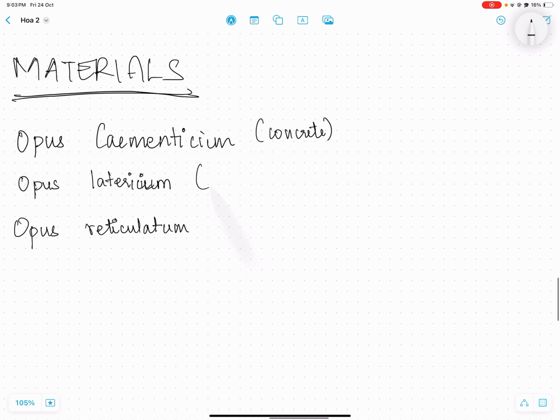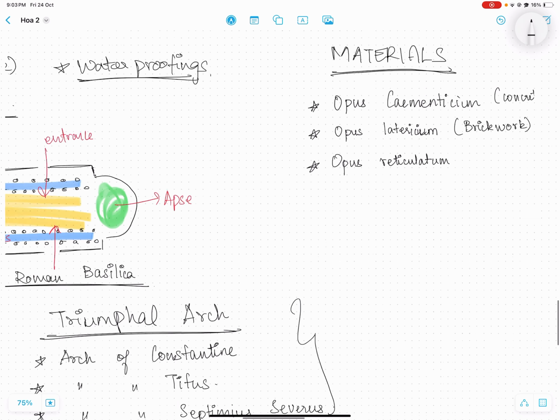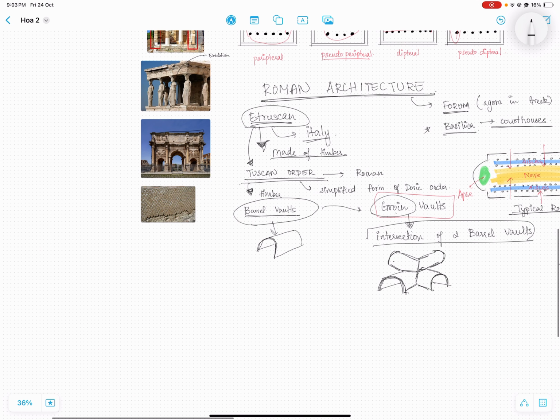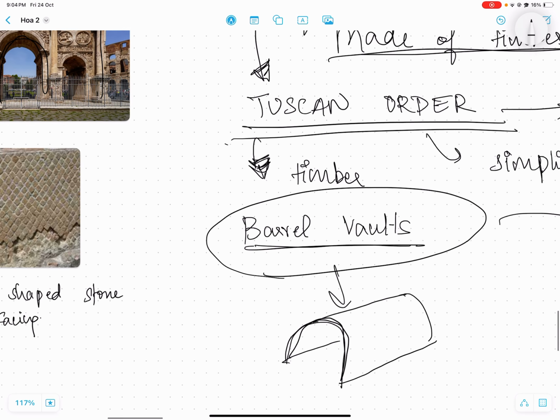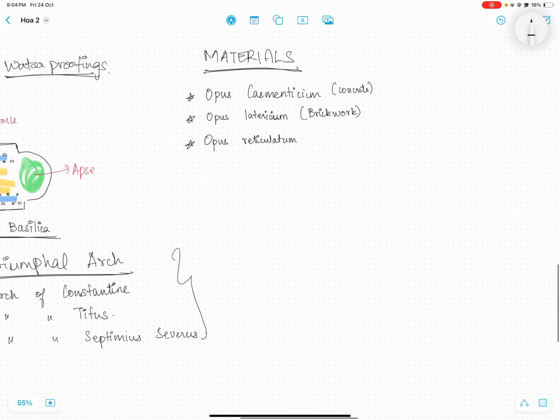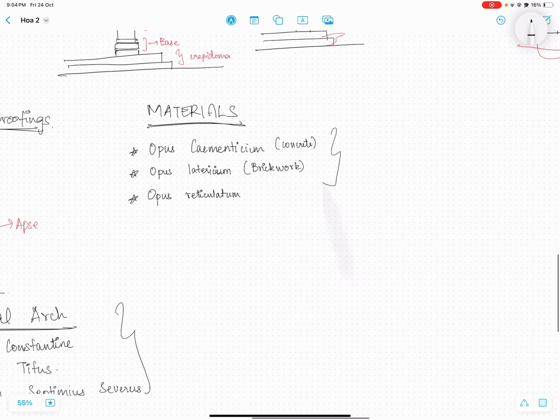Opus latericium is nothing but brickwork, and opus reticulatum is this. This is diamond-shaped stone facing. This is opus reticulatum. So these were important.